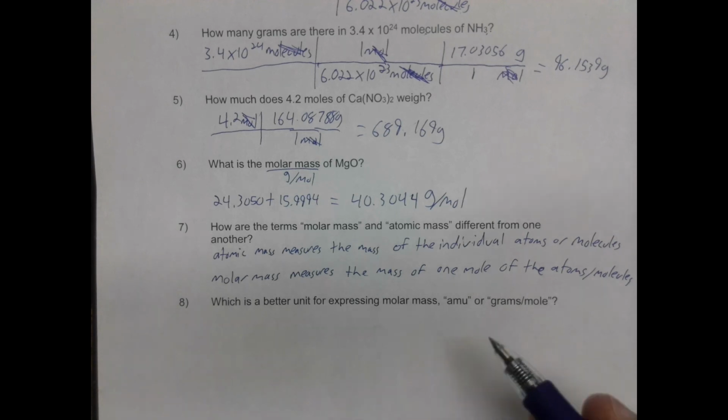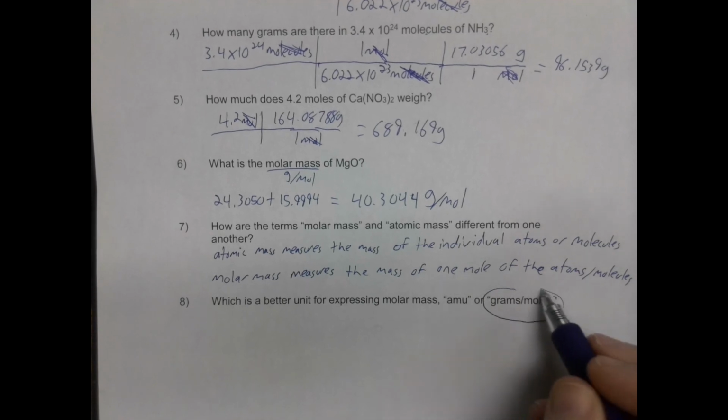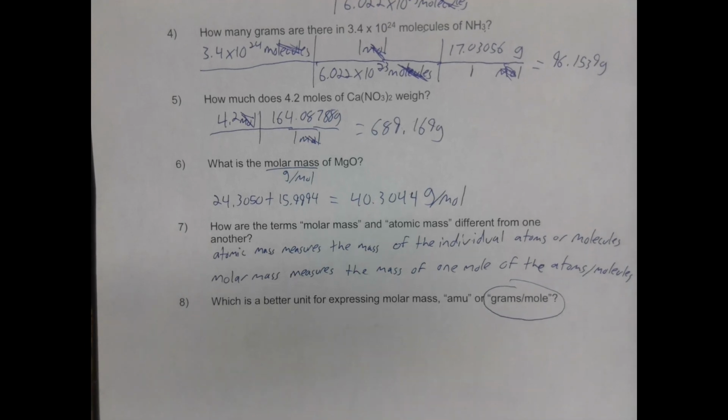And for molar mass, we want to select grams per mole because it is per mole. This is the mass.